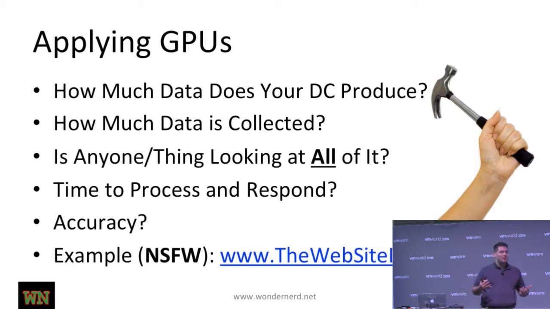A great example of all of these different ways to apply GPUs, and by the way, this link is not safe for work, so don't go watching it at work, is thewebsiteisdown.com. And just to give you the synopsis, an IT guy gets a call saying the website is down.